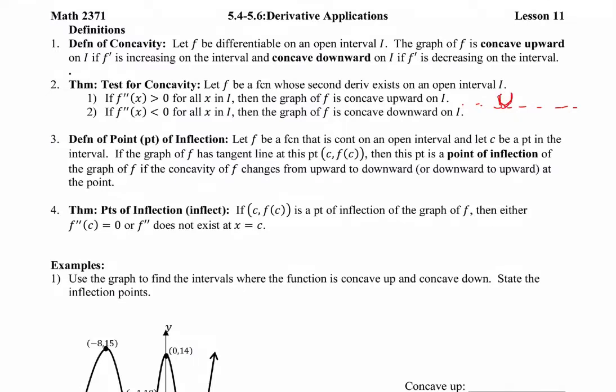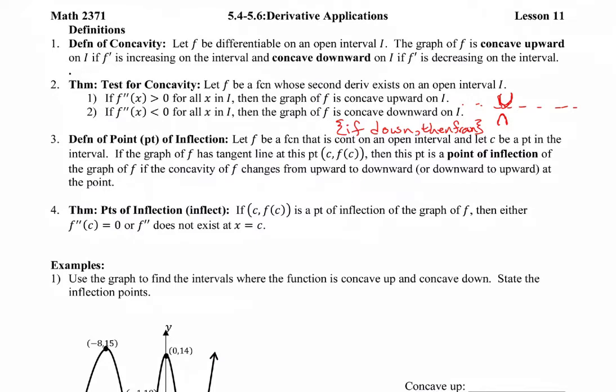If it's going down, then the curve is going to be a frown. The way I tell my students to remember it: if it's down, then frown. If you're down, then you typically frown. Okay?